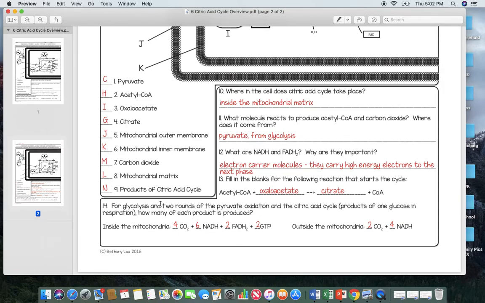So remember, it has to happen twice. We started out with 1 glucose in glycolysis, but it broke down into 2 pyruvate. Those 2 pyruvate both go through the Krebs cycle, and they produce a certain number of each thing.